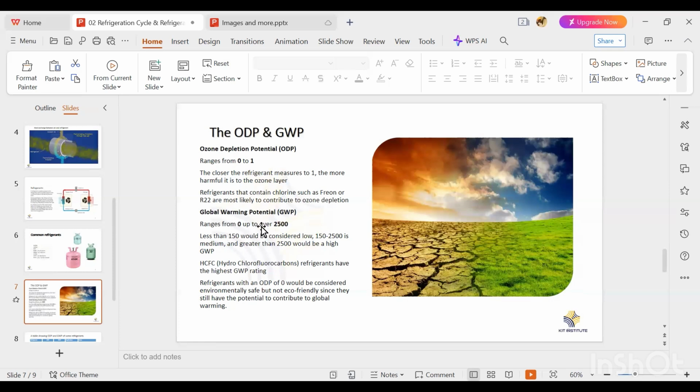So I would say that is for the designers of systems, not us technicians. Your job is not to select which refrigerant you're going to use or which one has a great value of GWP or not. That is for the designers. The reason why we are studying this is to understand the implications of these chemicals as you're dealing with them.